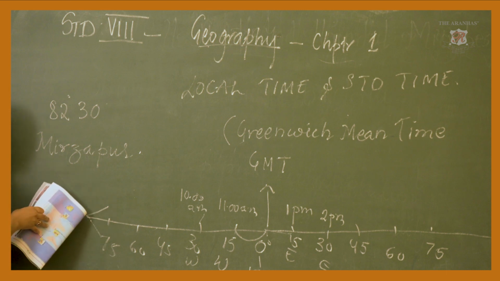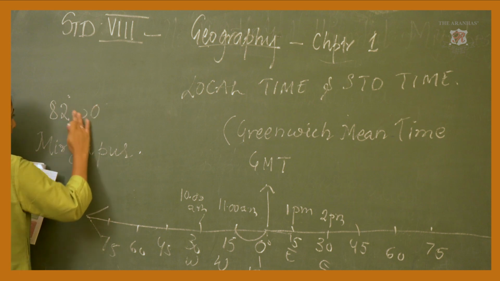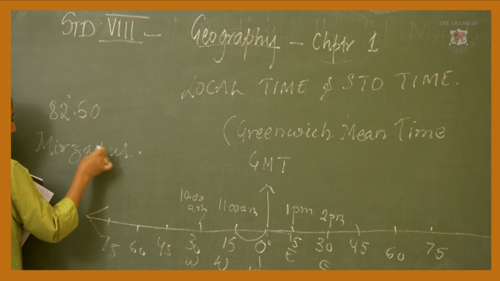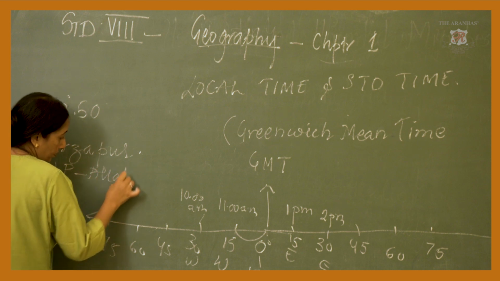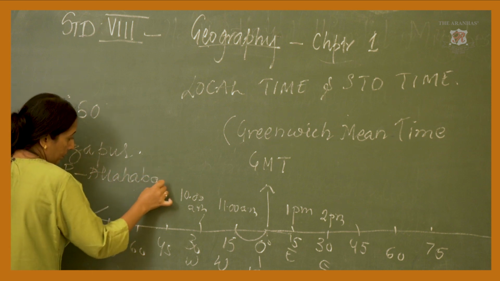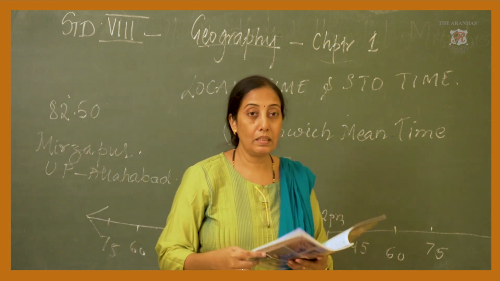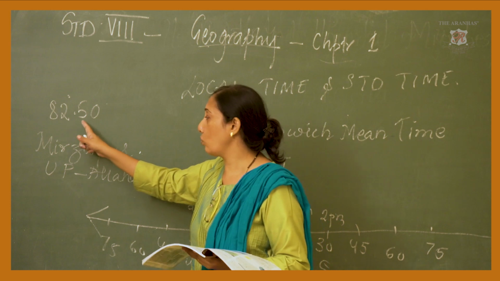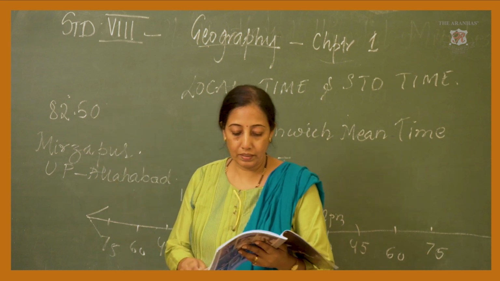Where is that? In UP. This is where your Indian local time is being calculated. So when it is 12 o'clock here, all over India it should be 12 o'clock.